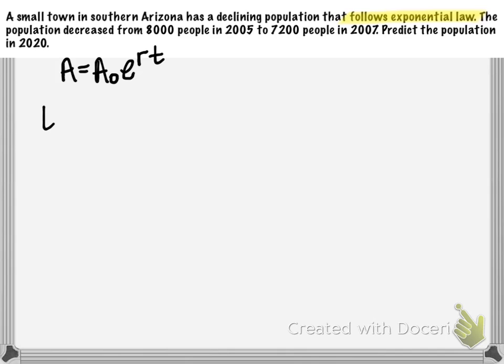So I always recommend that you organize the information in the problem in a table format. The first values that we have are 8,000 people in the year 2005.